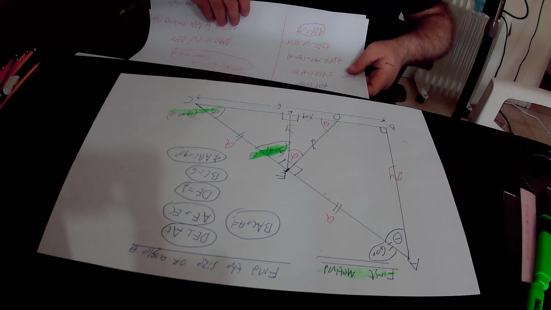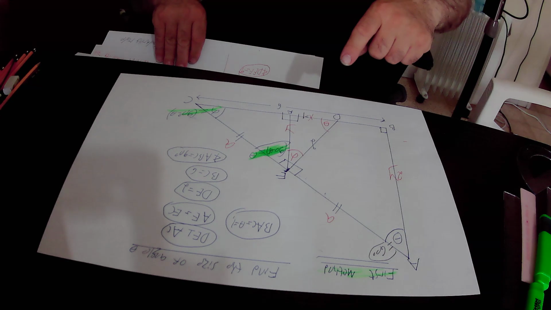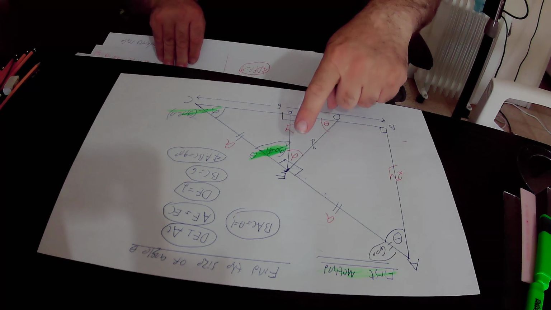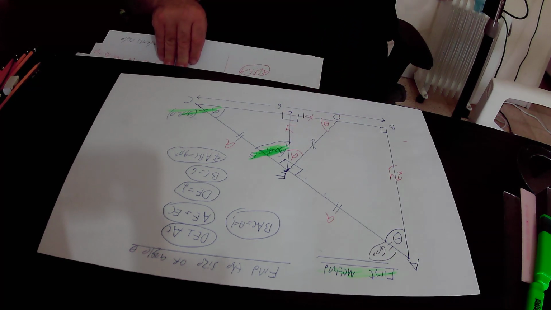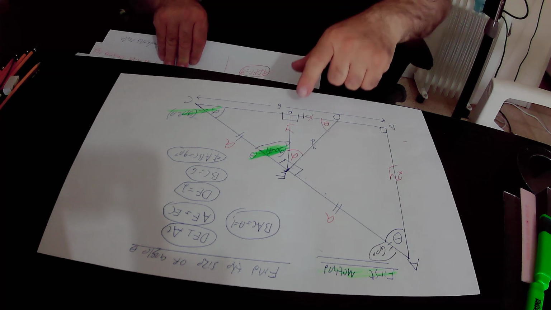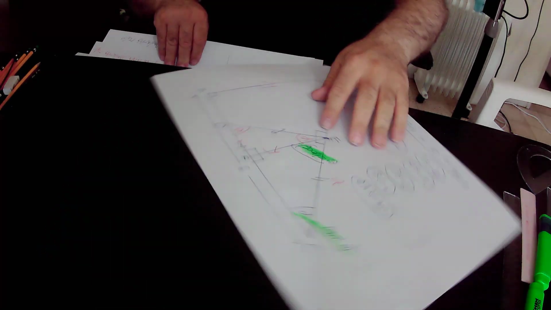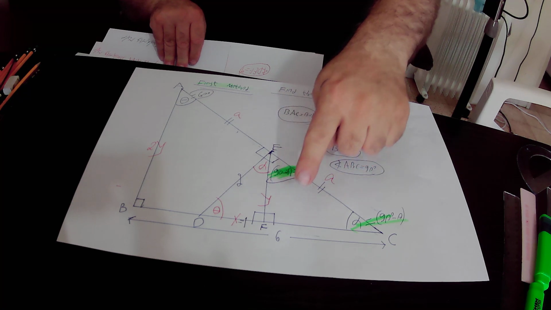So in order to find the value of angle theta, we made a construction. From point E we drew a perpendicular on BC. That is to say this angle equals 90 degrees and this angle also equals 90 degrees.